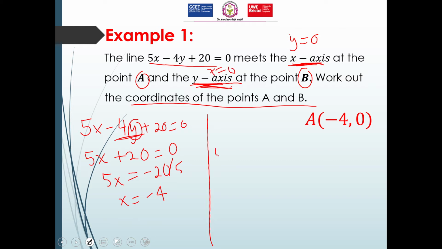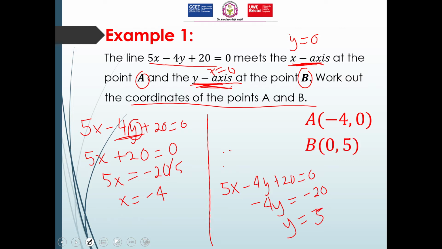So the same thing, 5x minus 4y plus 20 equals 0. x now is 0, so 5 times x will give you 0, so you only have minus 4y equals minus 20. Divide both sides by minus 4, so y will give you 5. Hence, the coordinates of B will be 0, 5.